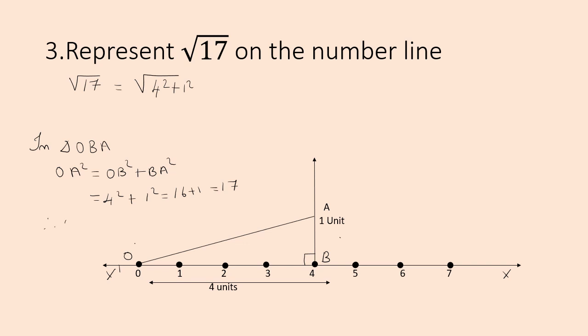Therefore, OA equal to root 17. So in the constructed figure, OA represents root 17. Now you have to represent root 17 on the number line. For that, with O as center and OA as radius, you draw an arc. The arc intersects the number line at E, and the point E represents root 17.